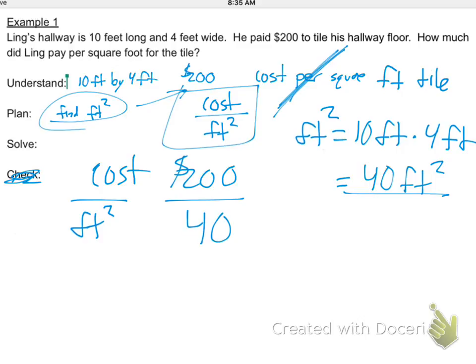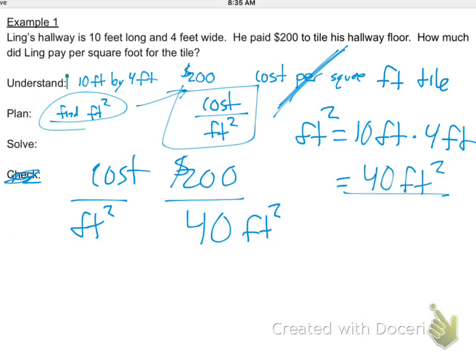40 feet squared. A lot of times students look at that and get mixed up; those units are really throwing them off. In a lot of our problems, units are going to cancel each other.